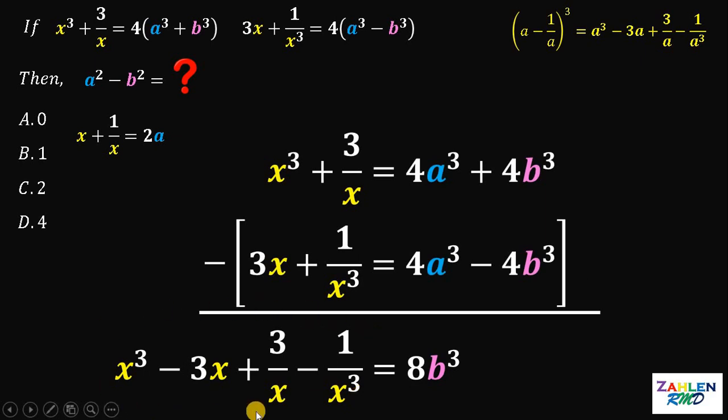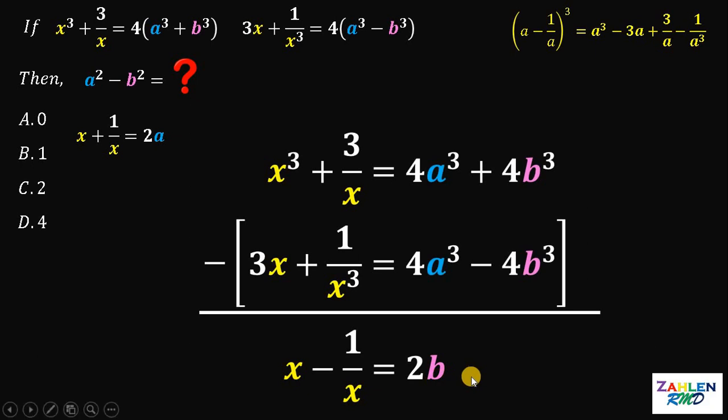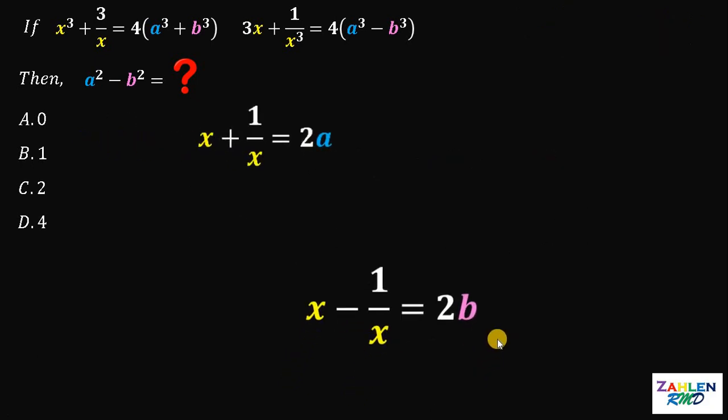Therefore, this expression can be written as x minus 1 over x raised to 3. And again, 8b cubed can be written as 2b raised to 3 because 8 is just 2 cubed. And then, if we take the cube root on both sides, we get that x minus 1 over x is just 2 times b.